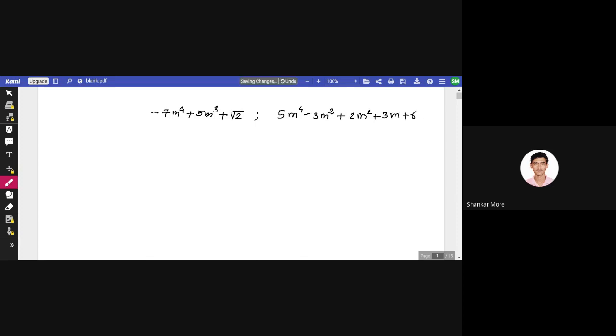This is the question you're talking about. We have to add these given polynomials. This is the question, right? Yeah, this is the question. Okay, so it is a pretty simple question. You have to add the given polynomials.